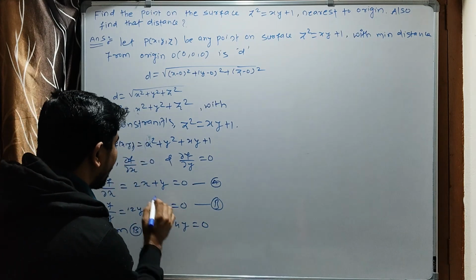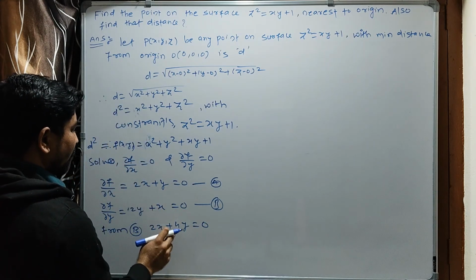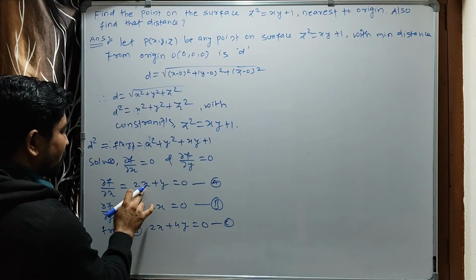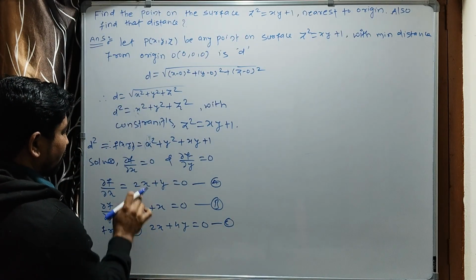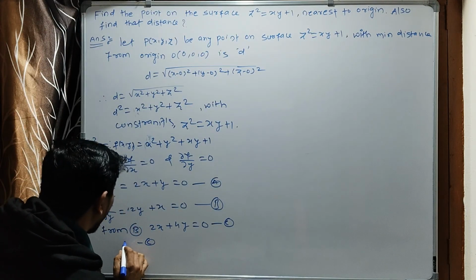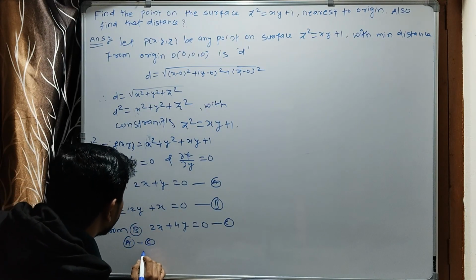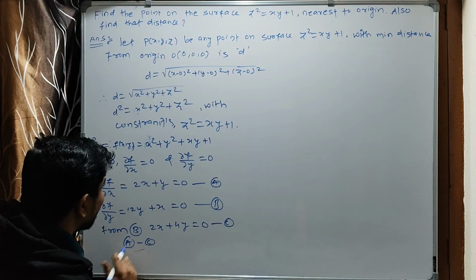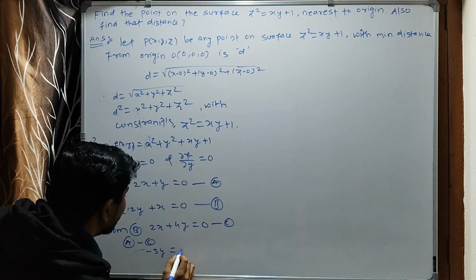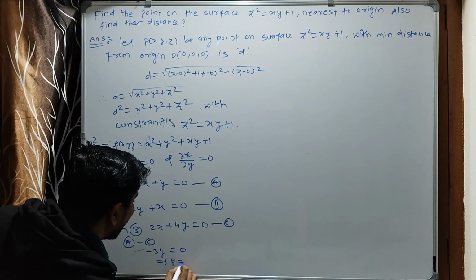Let's say this is my c. So subtract equation c from a. This implies 2x gets 0, and y minus 4y is minus 3y, which is equal to 0. This implies y equal to 0.